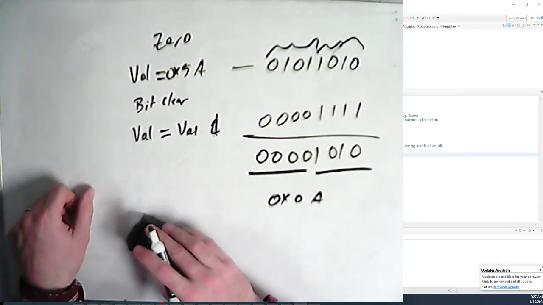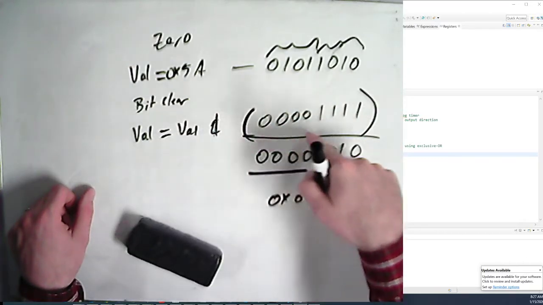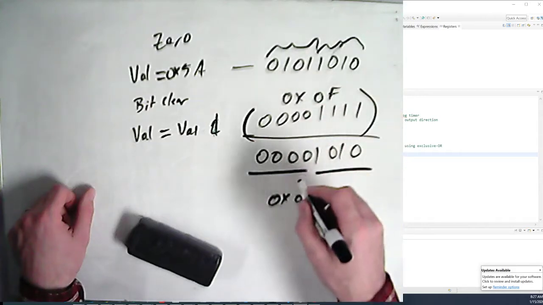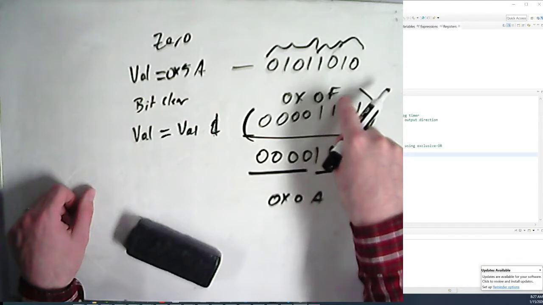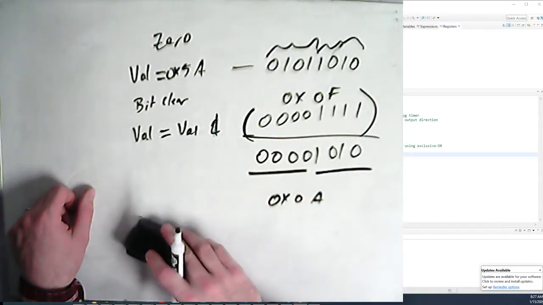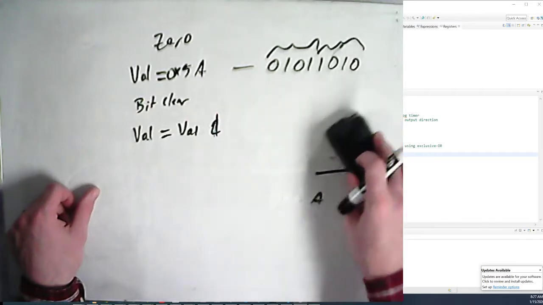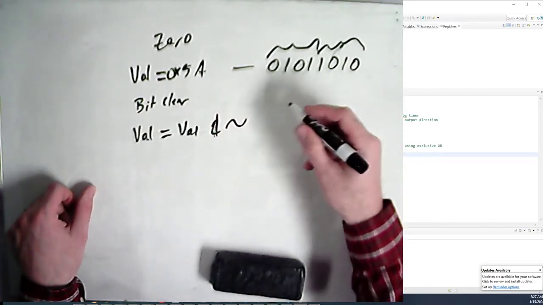We can do this to individual bits. And so what this looks like, with 0x0F in this case, is what this looks like. But this is a negative of what we want. What we can do is I'll trade this out a little bit. I'm going to do a tilde, which you should have gotten from a previous lecture.